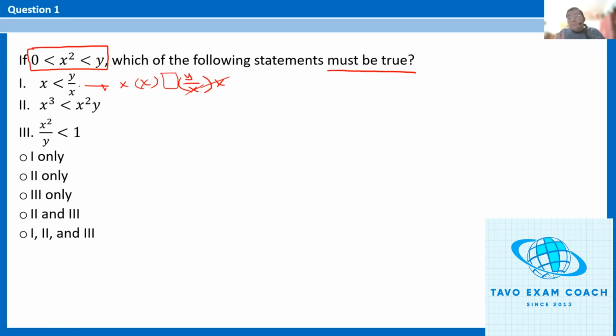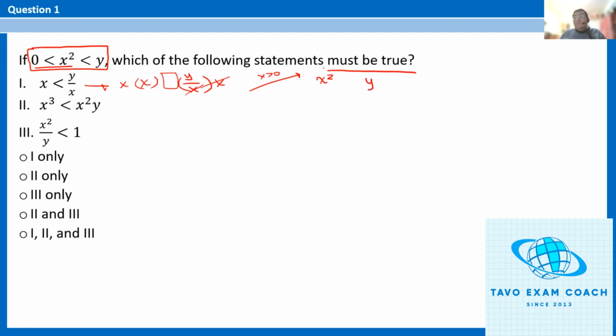We need to consider two cases. Why? Because the fact that x squared is greater than 0 means that x might be positive or negative. So we need to consider what happens if x is positive and I multiply both sides by x. x times x on the left side is x squared. y over x times x becomes y.